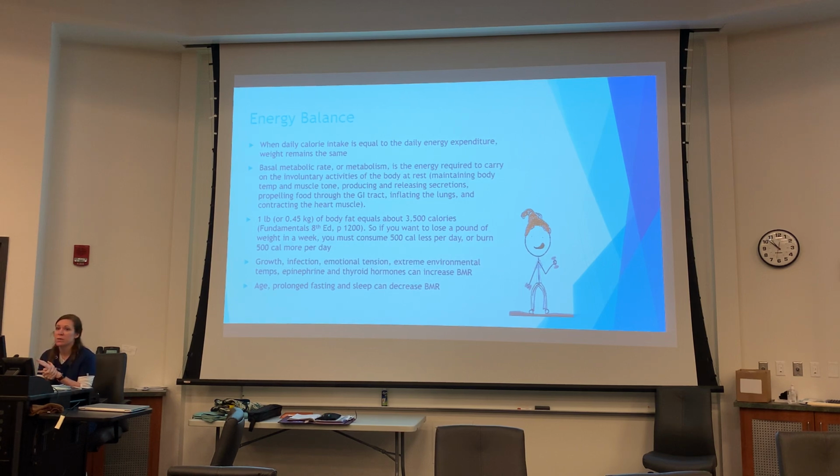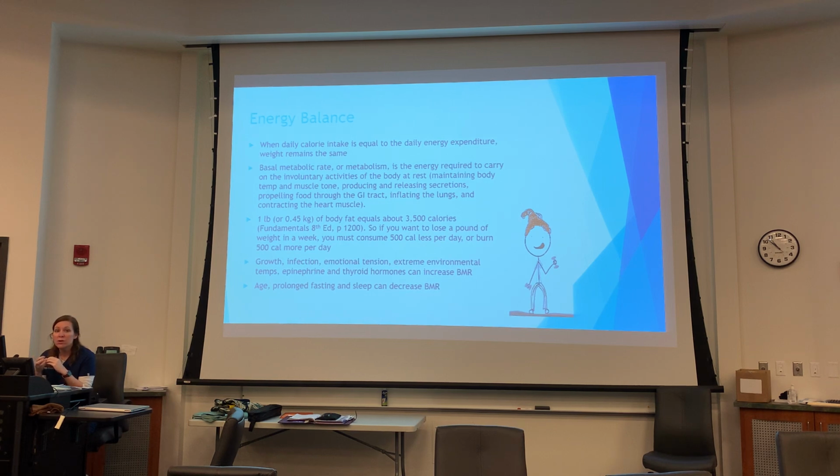Metabolism is faster. Somebody who's very young can create more energy and use that energy quicker than somebody who is elderly, because they're not building new tissue anymore, they're not really growing anymore, notably, so they don't need as much energy.